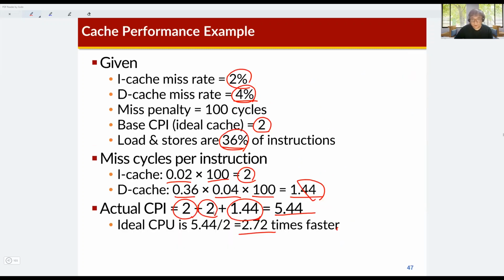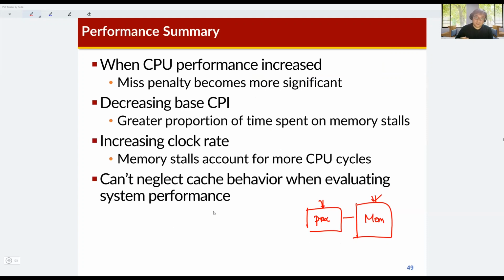Even if we can increase the performance of a processor, but the performance of the memory system is just maintained, then this penalty becomes more significant.